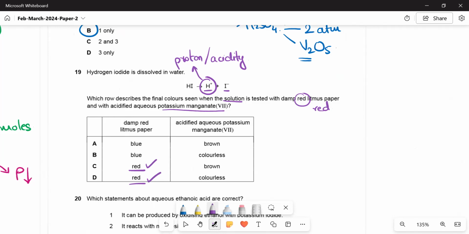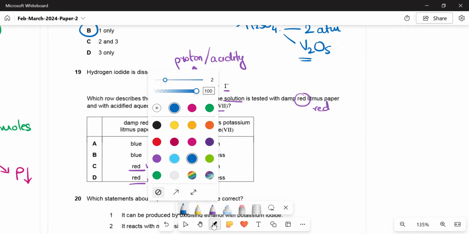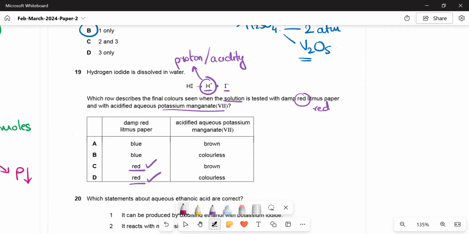Now, if we see the acidified potassium manganate, the potassium manganate itself gets reduced and it oxidizes iodine, because potassium manganate is of purple color, which is because of manganese plus 7. In potassium manganate the formula is MnO4, and this is purple because the manganese has oxidation state plus 7.